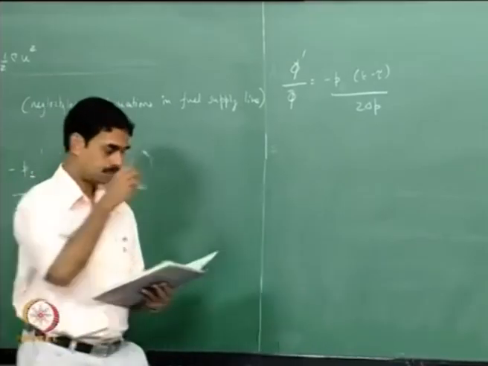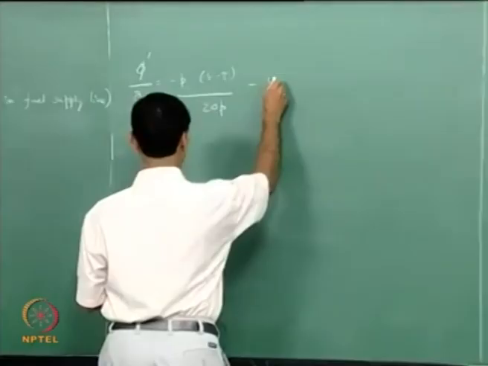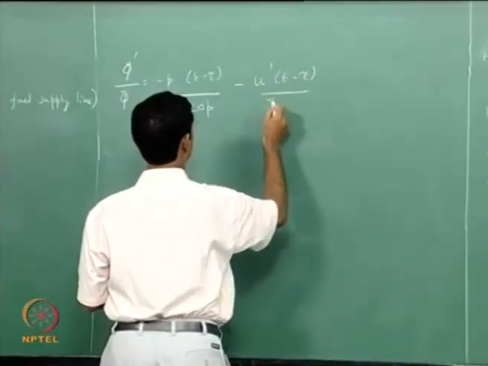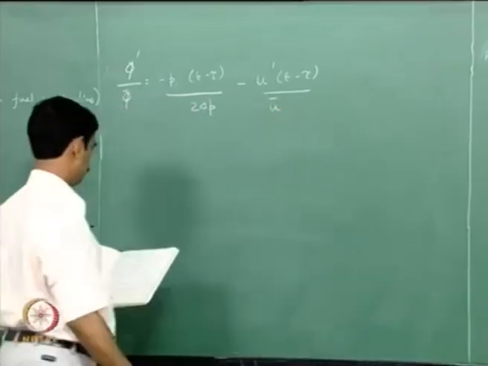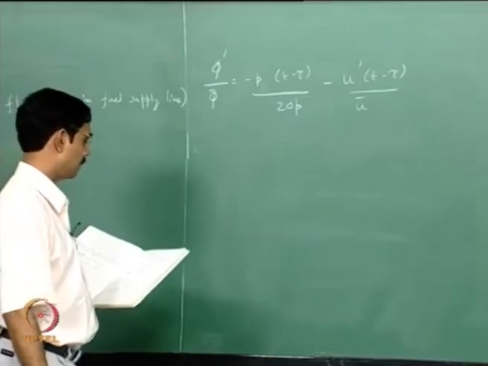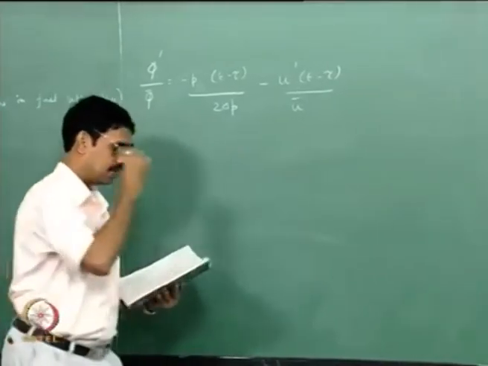So minus u prime of t minus tau divided by u bar. So this is the fluctuation in velocity at the injector.